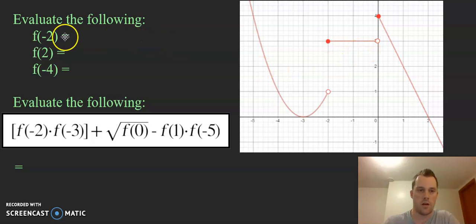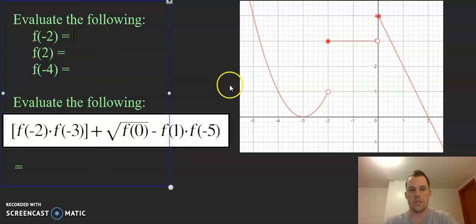So we're going to evaluate a few individual pieces here and then a larger expression. So f of -2, we see that at x equals -2, again, it's an open circle here, so we don't use this point. We jump up here, and that's a y value of 3.